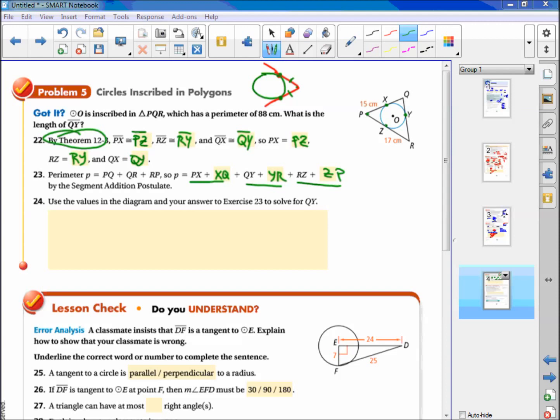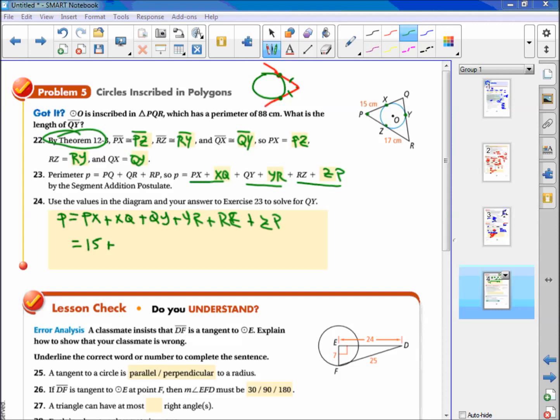So we knew the perimeter is PX plus XQ plus QY plus YR plus RZ plus ZP. That gets us all the way around the triangle. PX was given to us, that was 15. XQ we don't know.